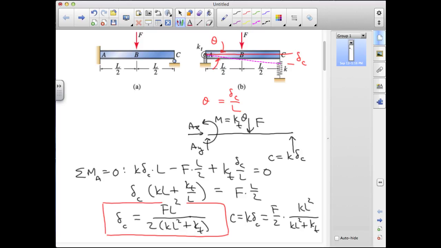One of the checks we can use on this problem is to ask, what happens if the torsional spring constant goes to 0?